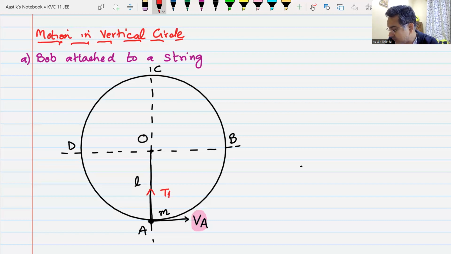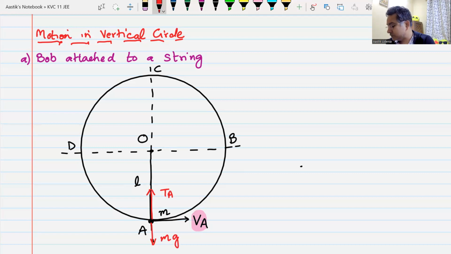Let me call this tension at point A, TA. The tension of the string will be trying to pull the bob. Anything else? Gravitational force, mg, acting downwards.